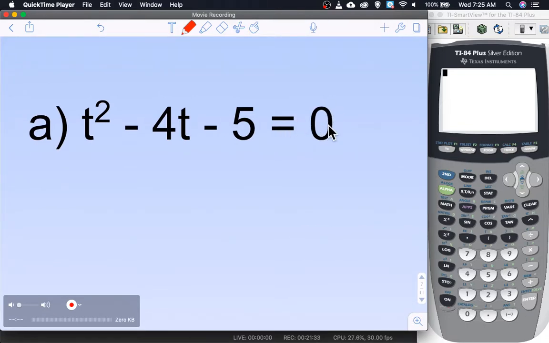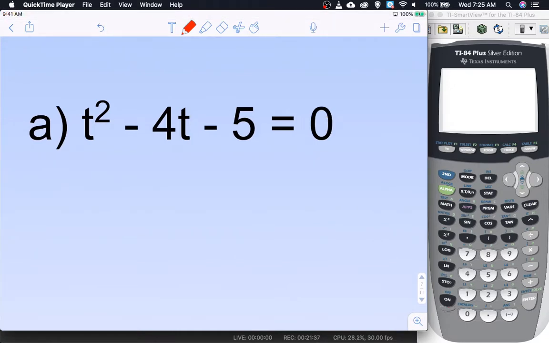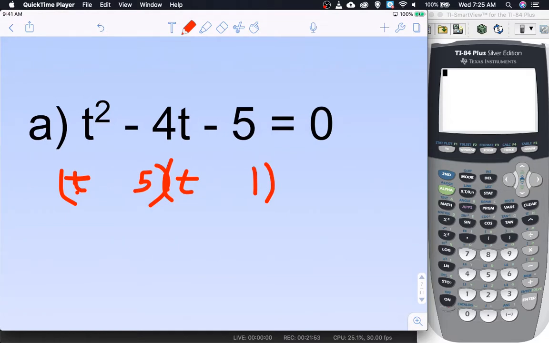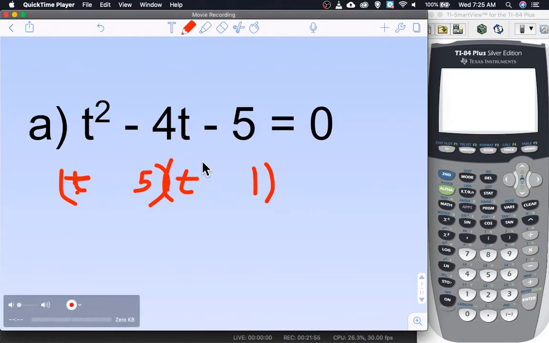It always has to be set equal to 0, or it's not really the zero product property. Then we're going to factor the one side. The only factors of 5 are 5 and 1. So that makes this one fairly easy. That's literally the only pair that could multiply to give us 5.